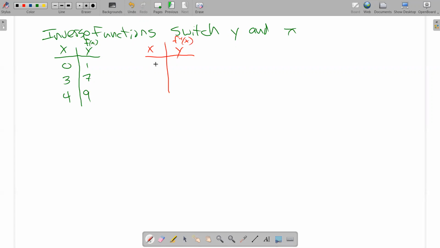So instead of 0, 1, I would have the point 1, 0. Instead of 3, 7, I would have 7, 3. Instead of 4, 9, I would have 9, 4.